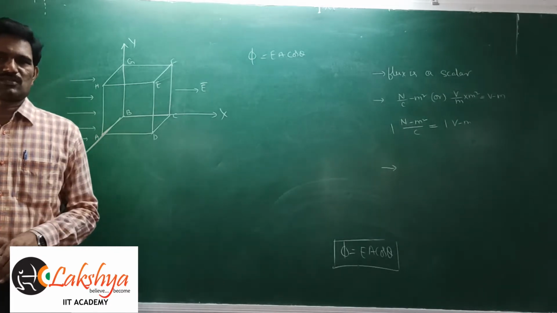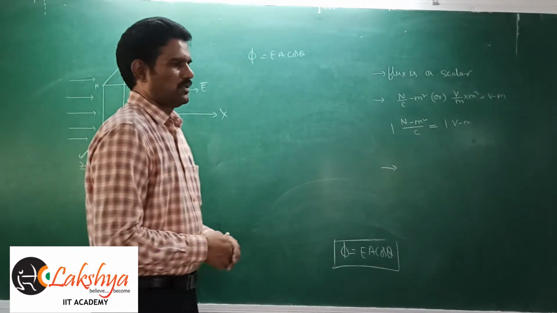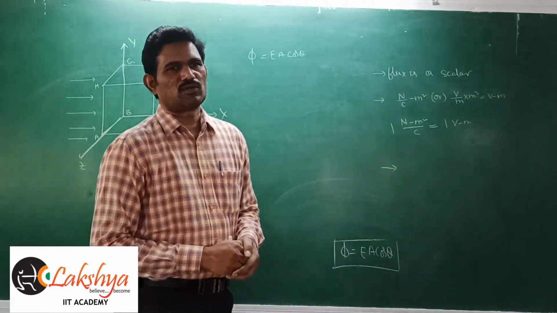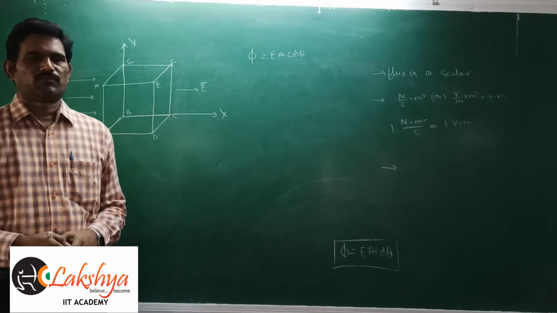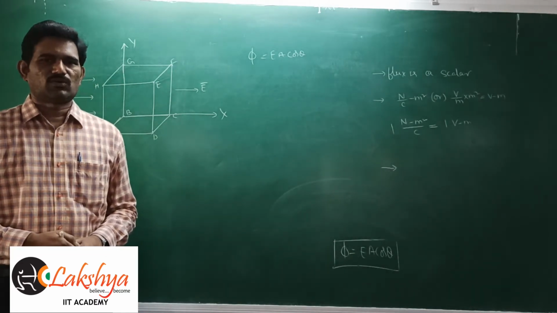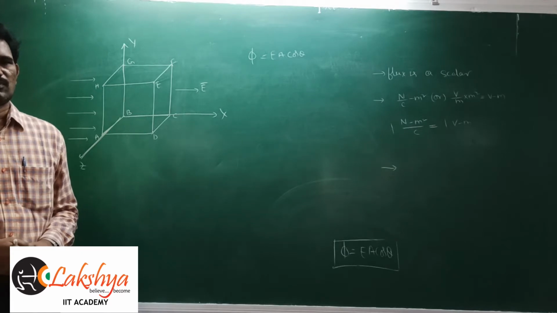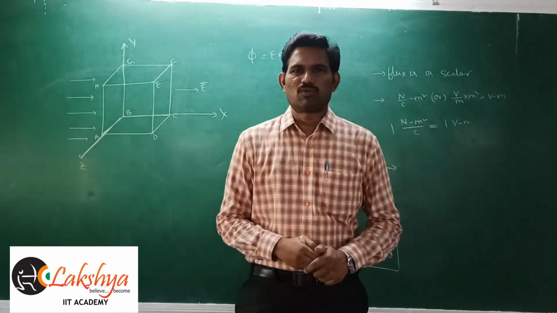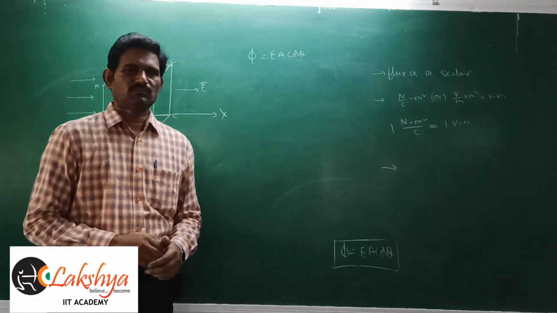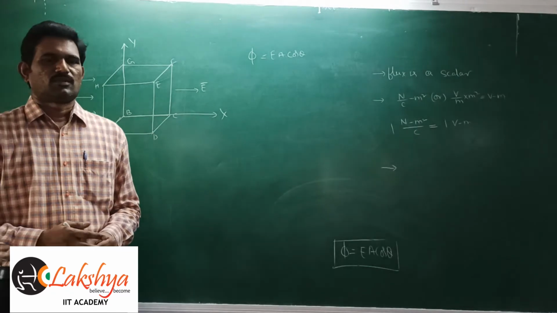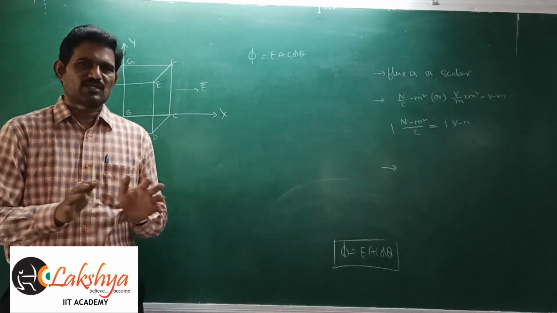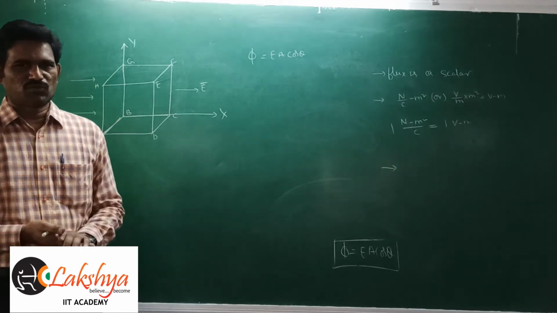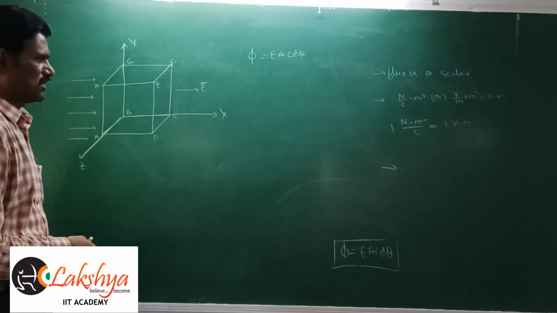If the surface is closed, the area vector is taken as outward normal always. That means for any plane surface we consider it normal to the surface only. If it is a closed surface, we should take it as outward only. We should not consider that as an inward direction here.